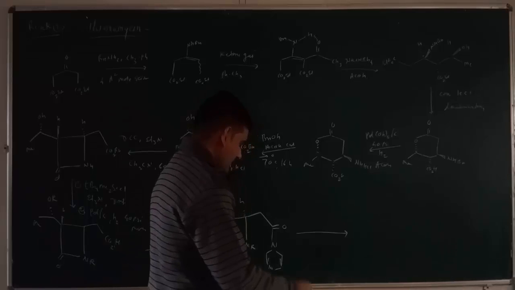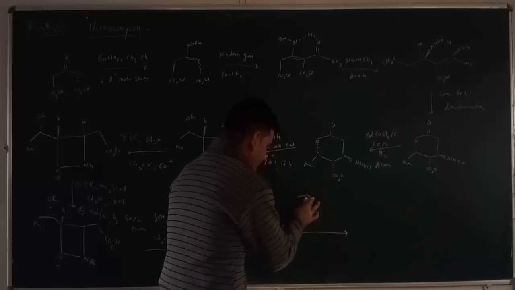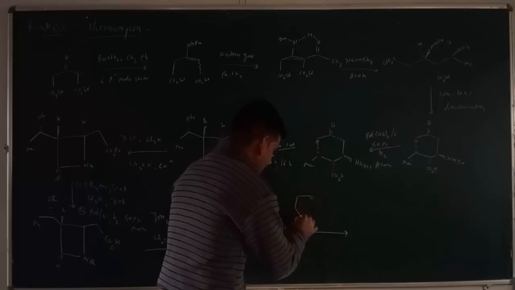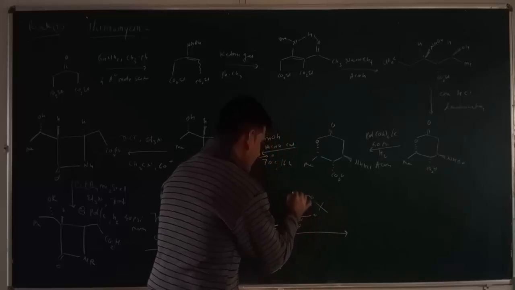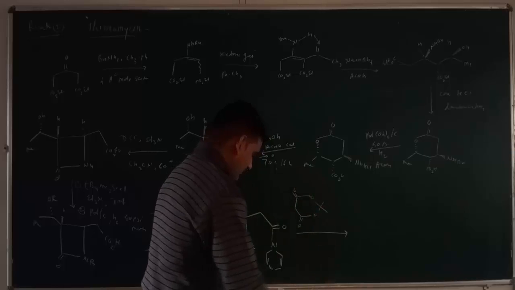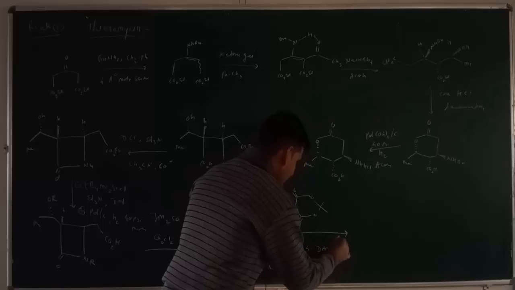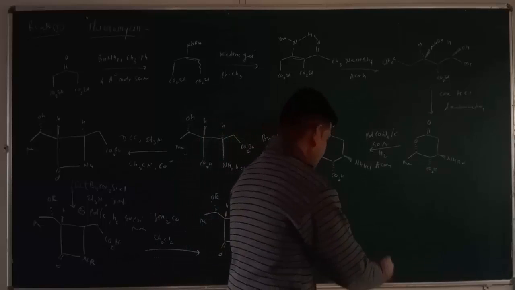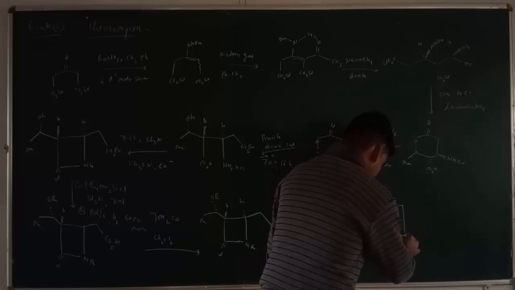So we get such type of compound. Then in the further step, this compound will be treated with Meldrum's acid, and the structure of this Meldrum's acid will be like this. So this is Meldrum's acid, and in the presence of 4-DMAP, it gives formation of another intermediate, and that intermediate contains this Meldrum's acid as a functionality. So here is this NR protection.